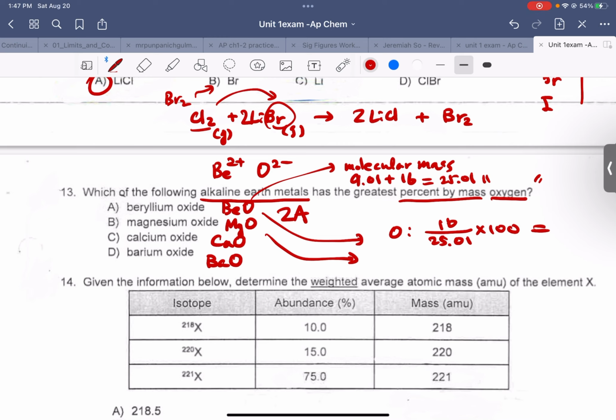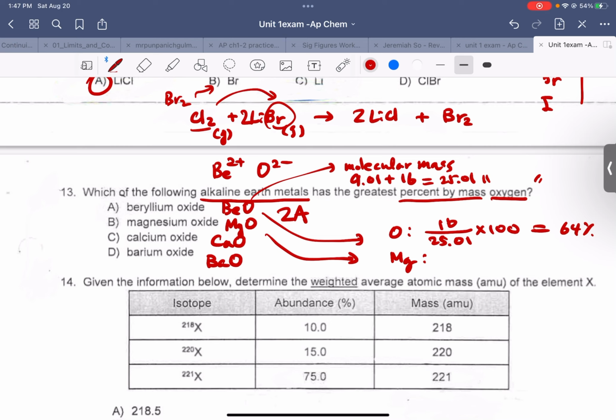Okay, so 16 divided by 25.01 times 100. I got approximately 64% percent mass oxygen. I'm not going to do every single one, but for magnesium oxide, magnesium in my table is 24.31.